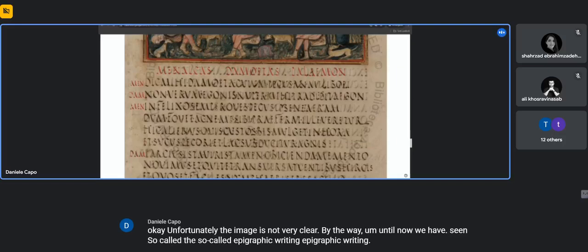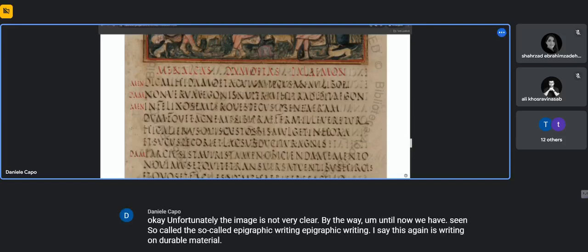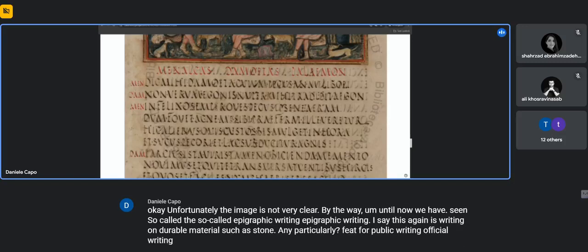Epigraphic writing, I say this again, is writing on durable material such as stone, and is particularly fit for public writing, official writing, writing that you see on public buildings, temples, and so on and so on.